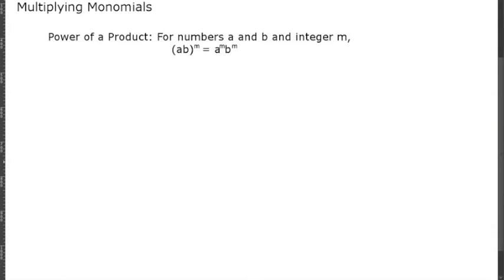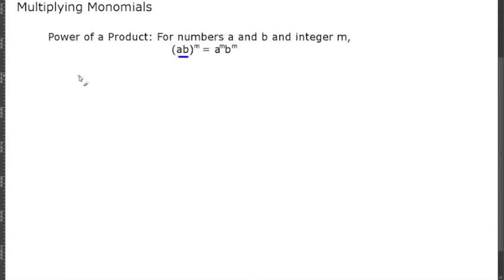Another important concept is power of a product, and that says for numbers a and b and integer m, a times b, that whole term to the m equals a to the m times b to the m. So basically we just distributed this m to the a and to the b.